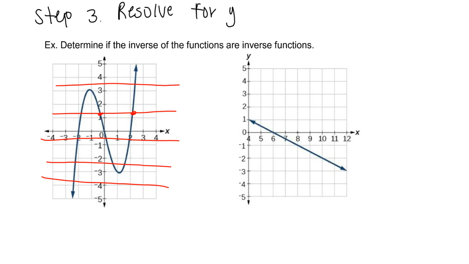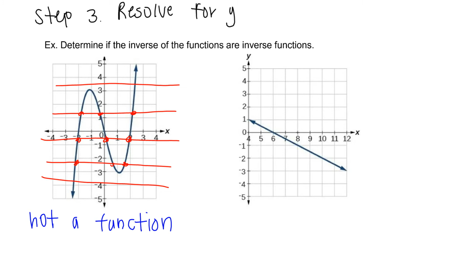In order to pass the horizontal line test, a horizontal line has to only touch your graph in one place. And if I look, there are many times when our horizontal lines will intersect our graph more than once. So what that tells me is the inverse is not a function. The inverse of whatever this function is will not be a function.